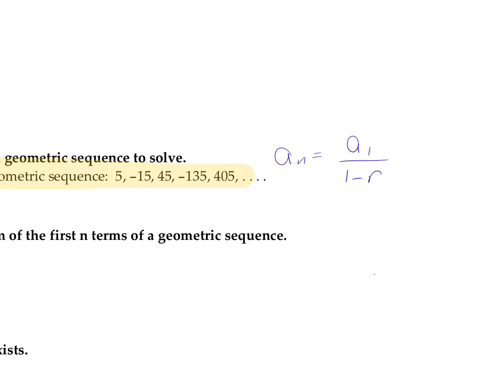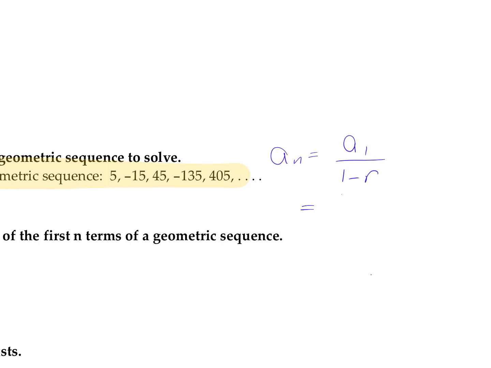So what is your first term here? 5 over 1 minus, what is the common ratio? -15 divided by 5 is -3. What's 45 divided by -15? -3. Okay, so it's 1 minus -3, correct? So this becomes 5 over what?